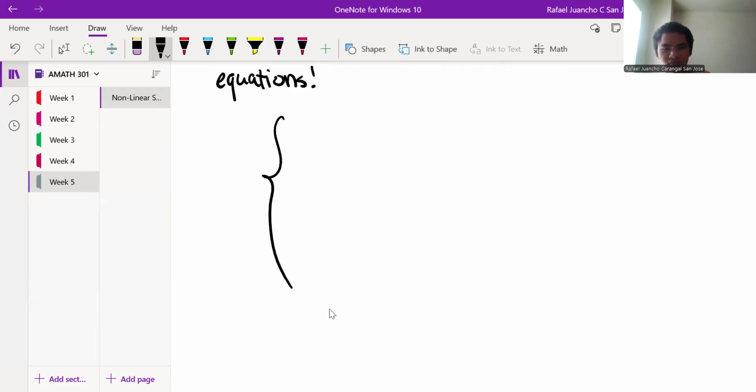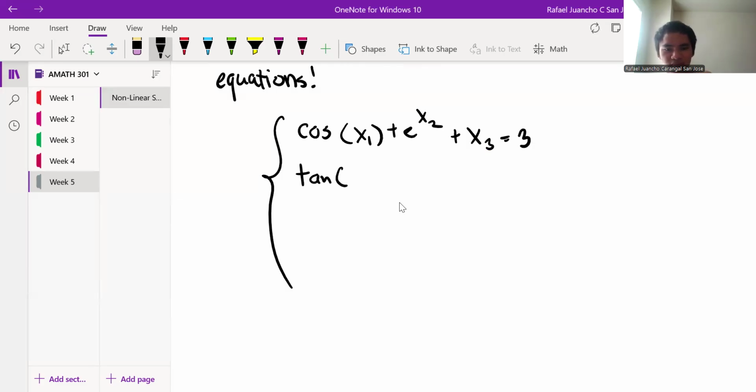So here we have cosine x_1 plus e to the x_2 plus x_3. This is equal to 3. So immediately we can tell this is definitely not your typical line equation because we have trigonometric functions. This is tangent, and here we multiply both x_1 and x_2.